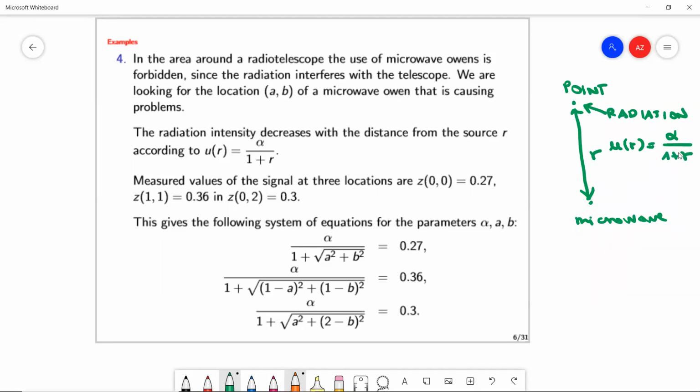So we don't know what this alpha is. This is some constant, but we know that it's inversely proportional to 1 plus r.